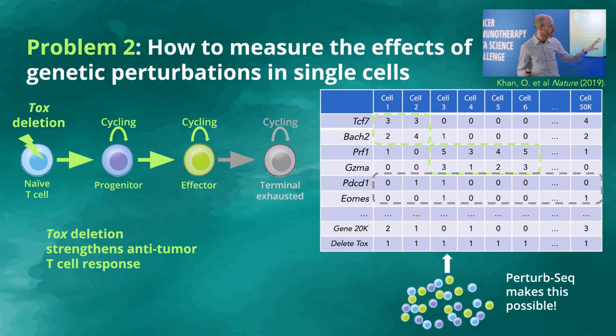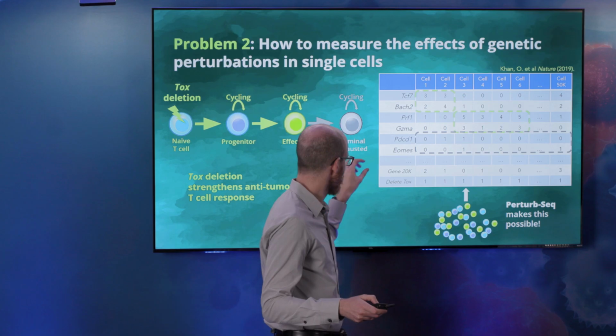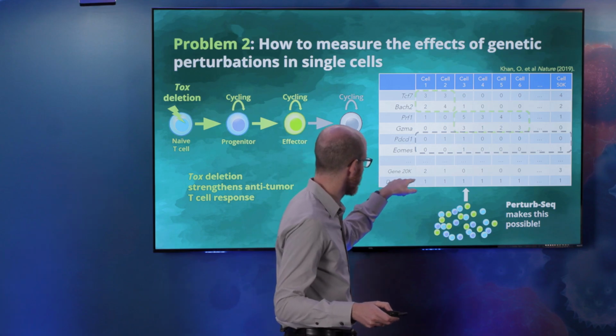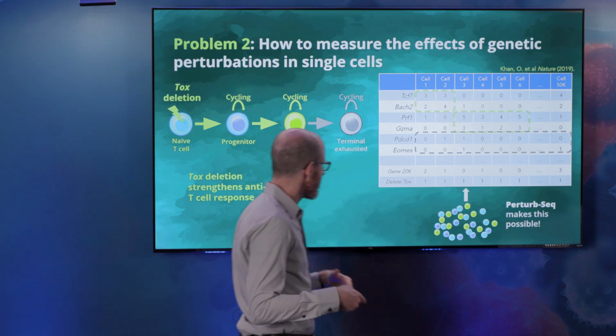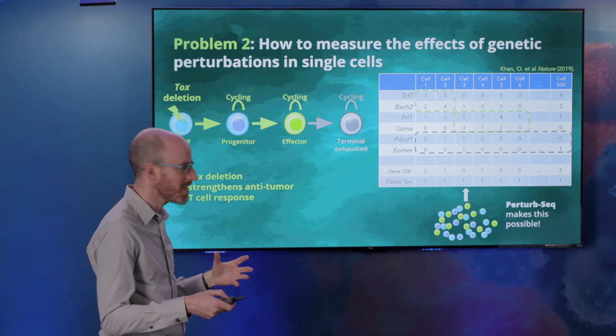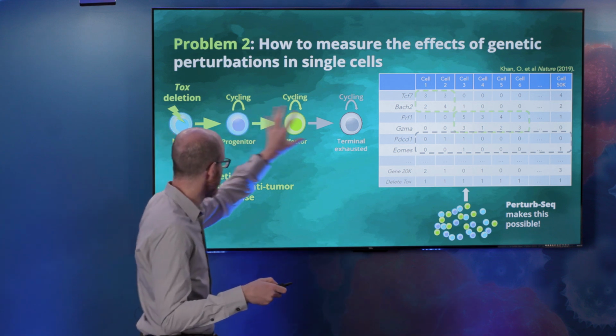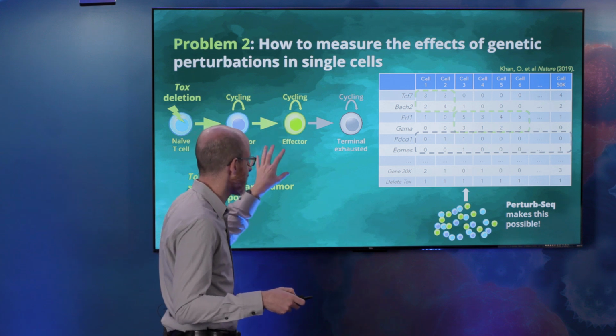The output of the Perturb-seq experiment is again a gene expression matrix where we have all the genes that are measured across the single cells, but we're also able to detect the presence of the TOX deletion inside the single cells. The TOX deletion acts by affecting the expression of many other genes, and that is going to shift the distribution of the T cell states to favor the progenitor state and the effector state.